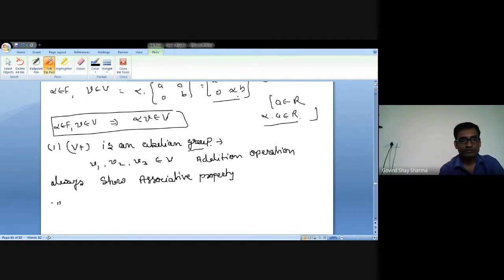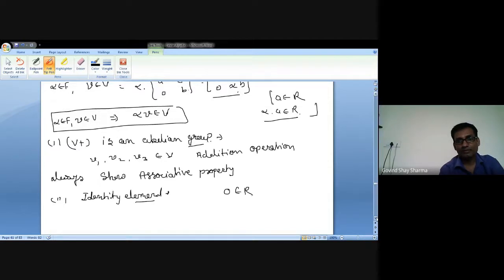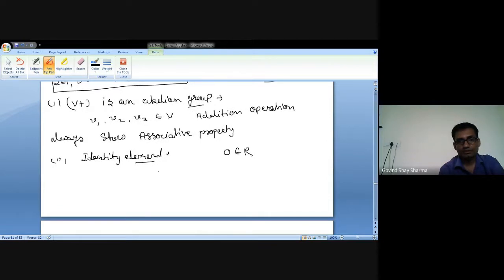Now second, the identity element. What is the identity element? Zero belongs to the real numbers. So if we take A equal to 0 and B equal to 0, then the matrix converts to [0 0; 0 0].